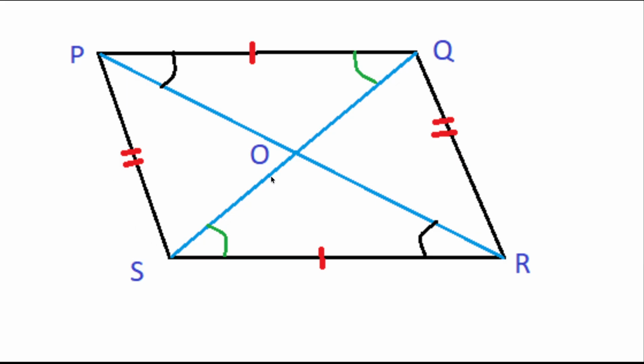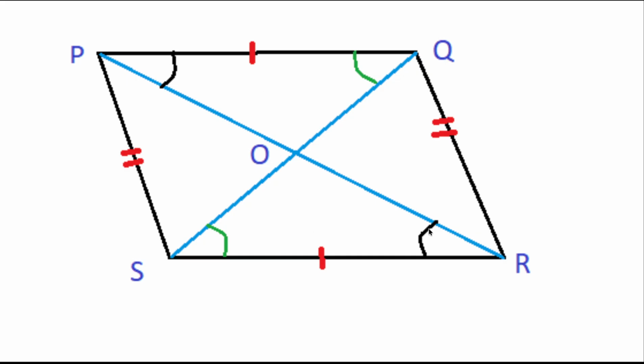If we have 2 diagonals crossing and intersecting within our parallelogram, it creates 4 triangles. And these triangles are opposite each other, just like vertical angles are opposite. So with these angles opposite and equal, and also these are corresponding parts, this length is equal to this length, this side and side.